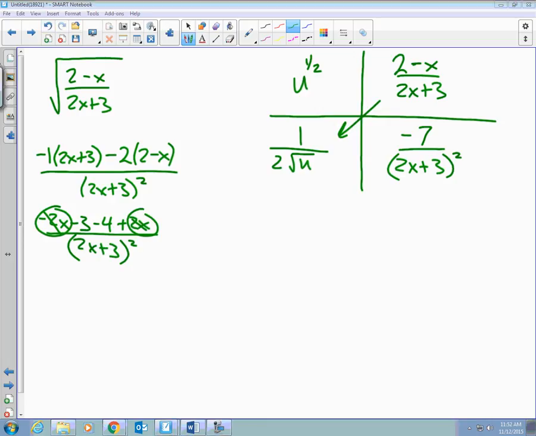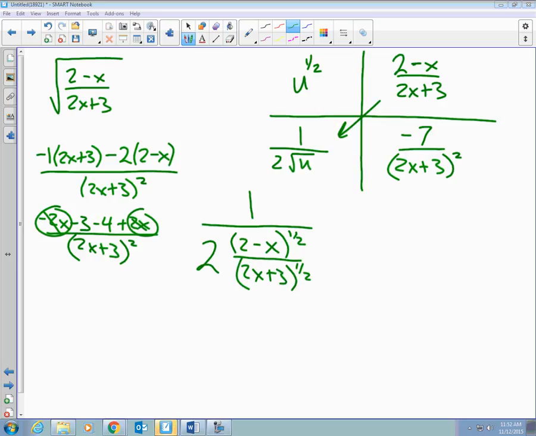All right. So let's write it out. 1 over 2 times the square root. To save space, can I write it like this, please? 2 minus x to the 1/2 over 2x plus 3 to the 1/2.